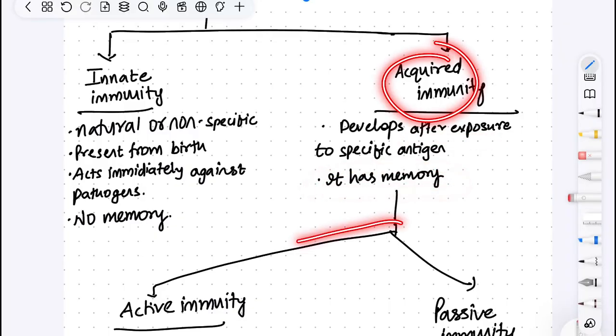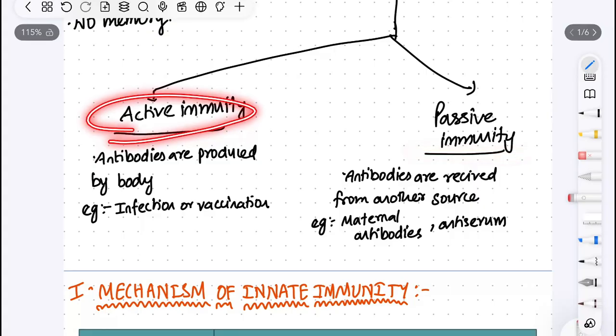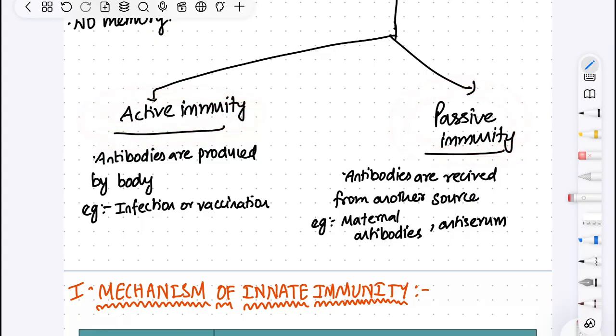Again, acquired immunity has two types. One is active immunity and the other is passive. Now, what is the main difference between active immunity and passive immunity? Active immunity involves the production of antibodies within the body itself. That is, antibodies are produced by the body.